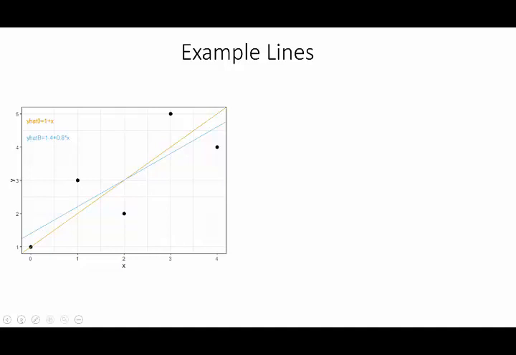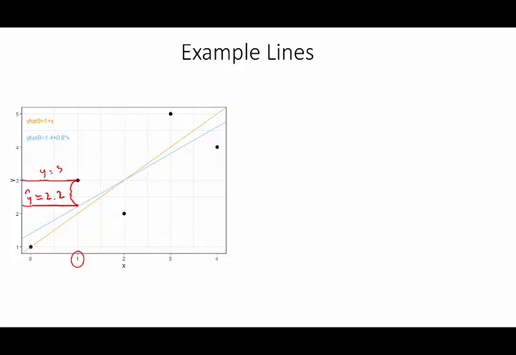So for any particular point, to analyze how well the line does at predicting its value, we could look at the difference between the actual and the predicted value. So for example, for the blue line, the actual value of y when x is 1 was 3, right? So there's the actual value, y equals 3. But we also get a predicted value, y hat, which looks like about 2.2 or 2.3.